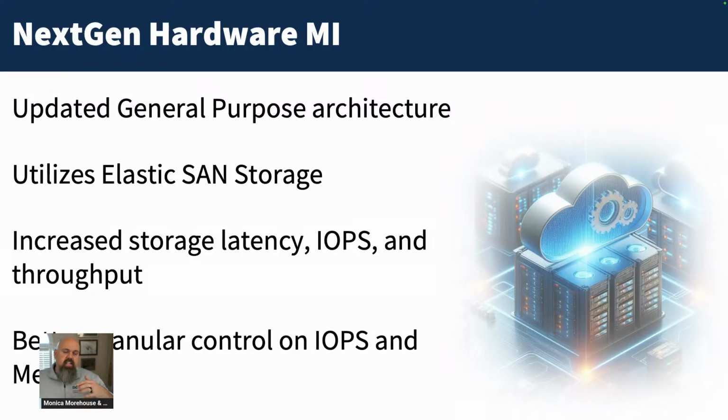So we still get the benefit of the Azure SQL Managed Instance general purpose tier, so we get a better cost perspective, but we get super improved latency and IOPS and throughput using the next-gen hardware. If you're going to go to Azure SQL Managed Instance, I highly recommend that you look at this next-gen level.